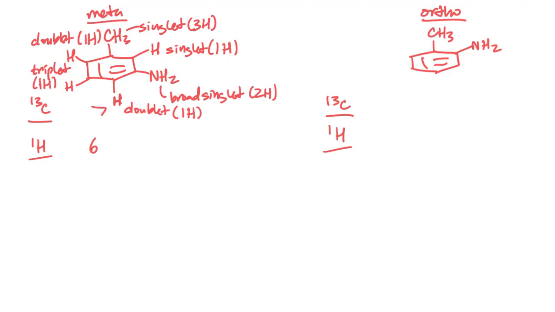How many unique carbons would the ortho isomer have?